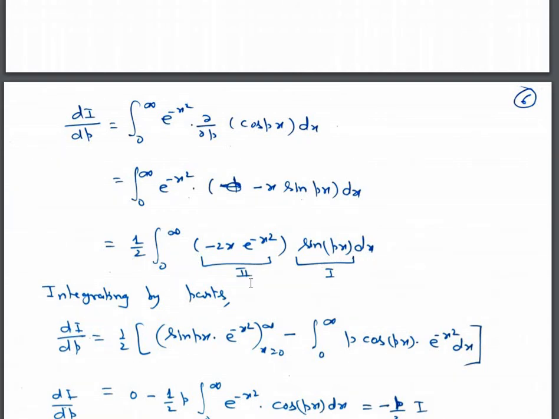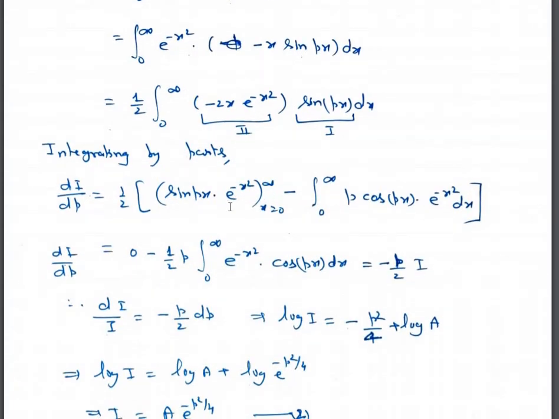Now integrating this by parts, we have dI upon dp equal to 1 by 2. We take sin px as the first function, so sin px into integration of the rest, which is e to the power minus x square, limits x equal to 0 to infinity, minus integral 0 to infinity of the differential of sin px, which is p cos px, into integration of this, which is e to the power minus x square, dx.